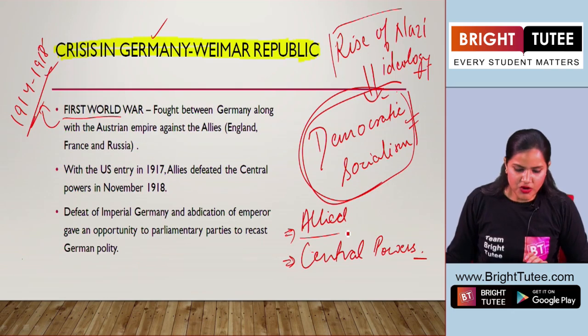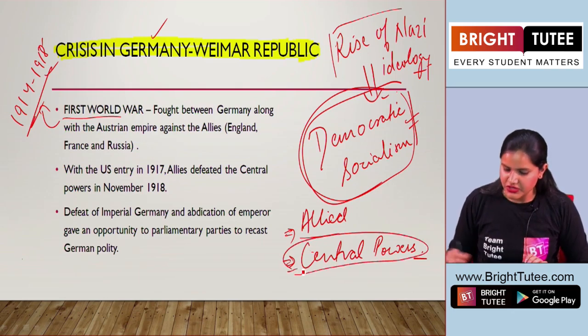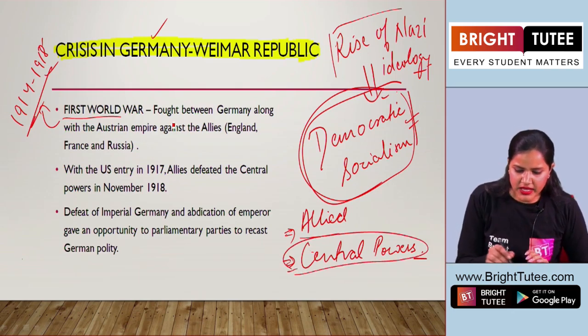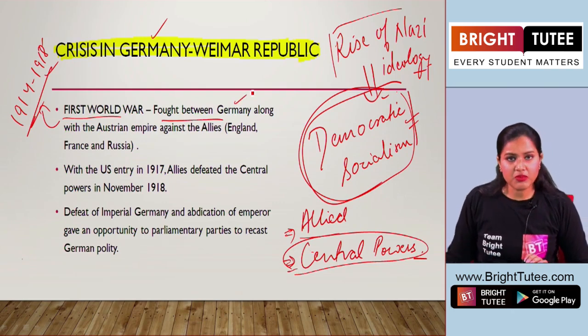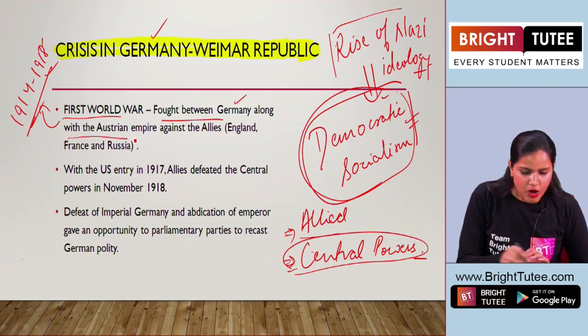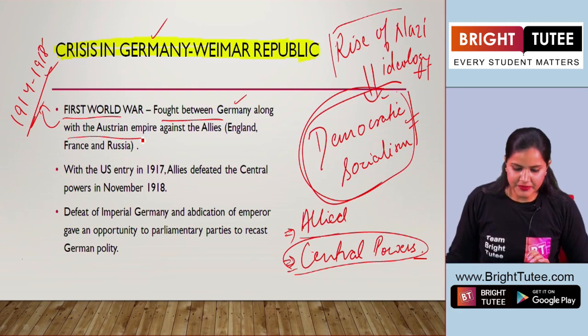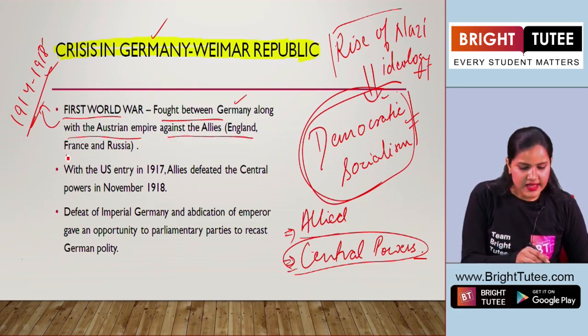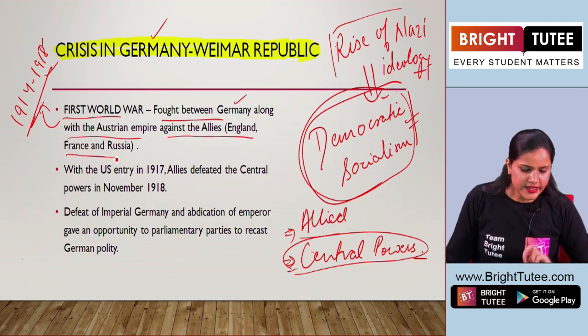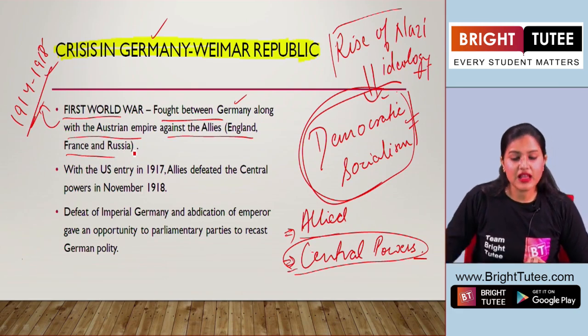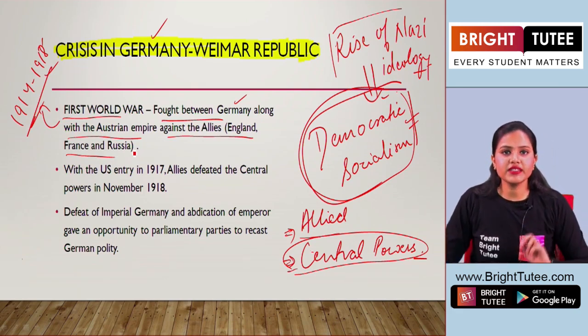Yes, it was the Central powers, right? So Germany fought from the Central powers along with the Austrian Empire. They fought against the Allies. Allies consisted of England, France and Russia, that was later joined by the United States.